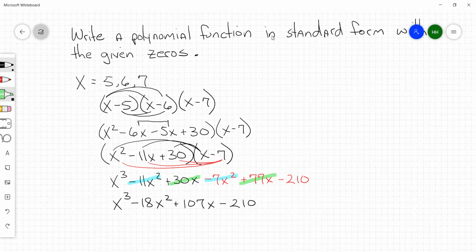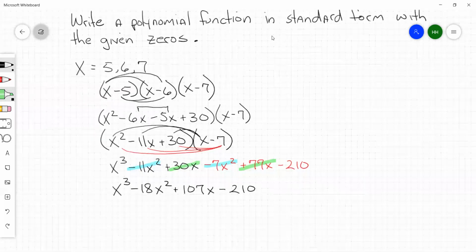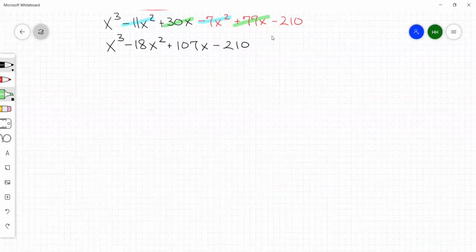All right, and then the last part of your assignment today. Find the zeros of each function.